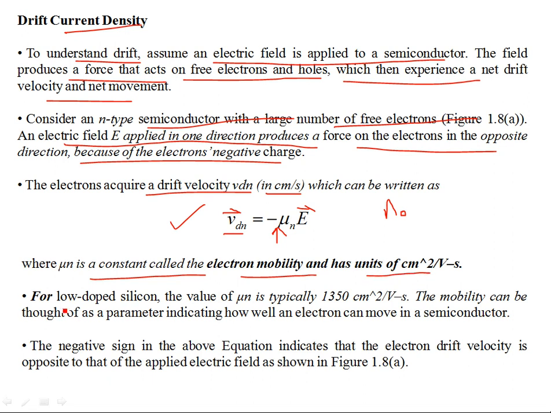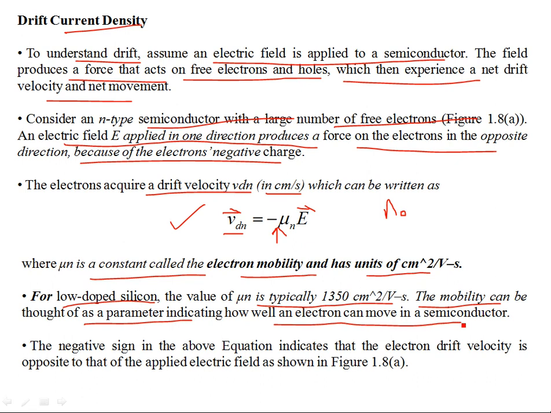And for very lightly doped silicon, the value of mu n is typically about 1350 centimeter square per volt second, and this value you will see is typically more than twice that of the hole mobility. The electron mobility is much higher, more than twice that of the hole mobility, and the mobility can be thought of as a parameter indicating how well an electron can move in a semiconductor lattice, right?